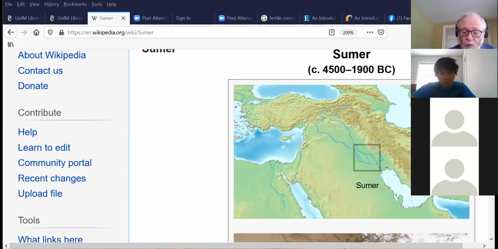But we do know that what was recovered includes what is considered to be the first literary work in history, the first work of literature, called the Epic of Gilgamesh, which was written down toward the end of the third millennium, say around 2100 BC. This is a relatively long epic poem.